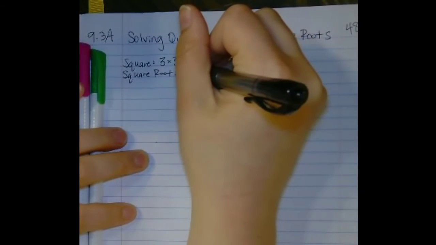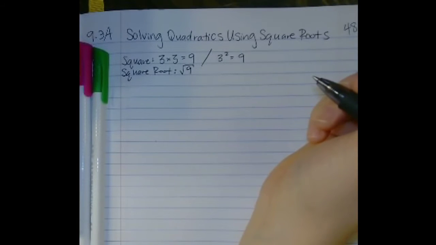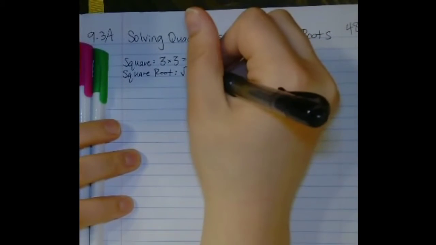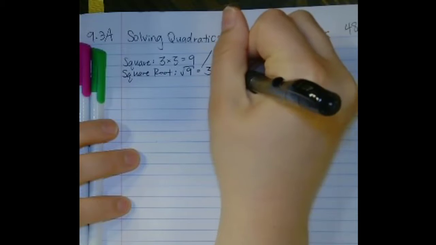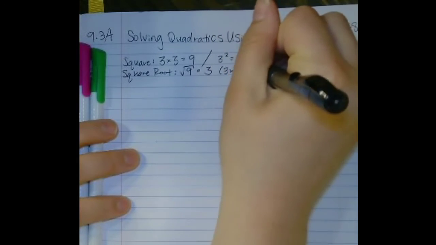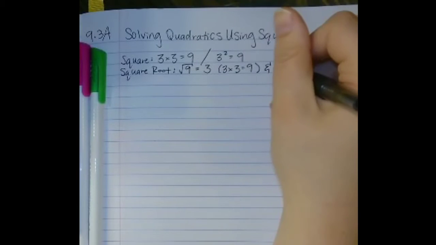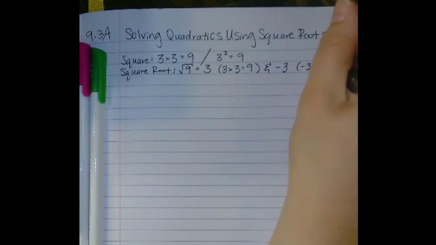So square root means what squared would make 9. So what times what makes 9. And we know that 3 times 3 makes 9. And, surprise, surprise, the square root of 9 is also negative 3, because negative 3 times negative 3 also equals positive 9.